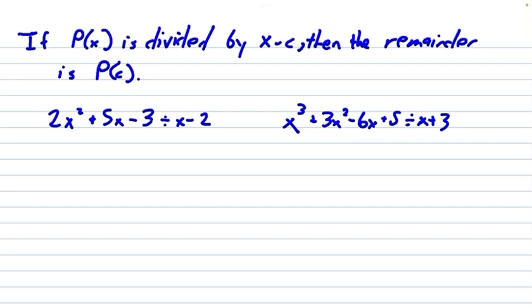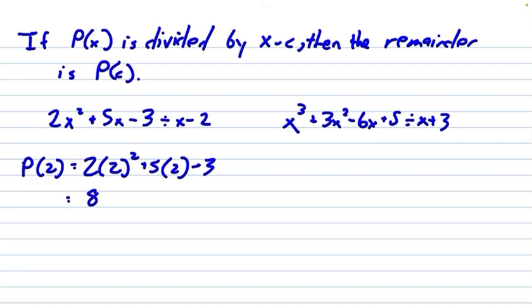But here we want to say p of 2. 2 plays the role of that c, which equals 2 times 2 squared plus 5 times 2 minus 3. That gives us 2 squared is 4. That gives us 8 plus 10 minus 3, which gives us 15.